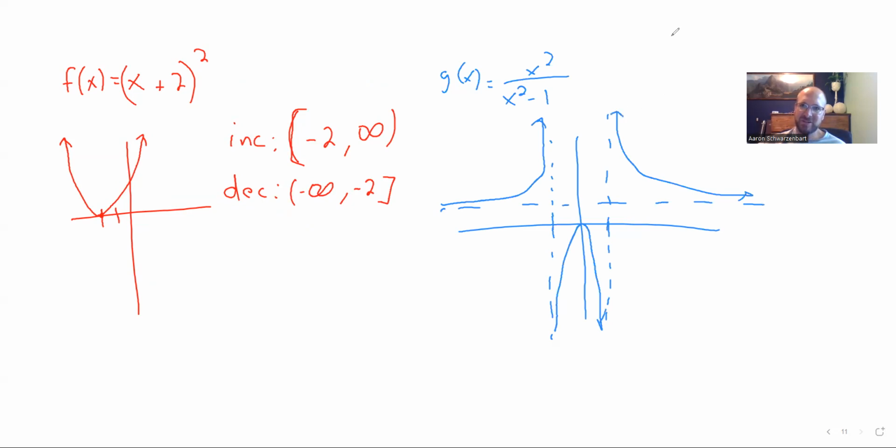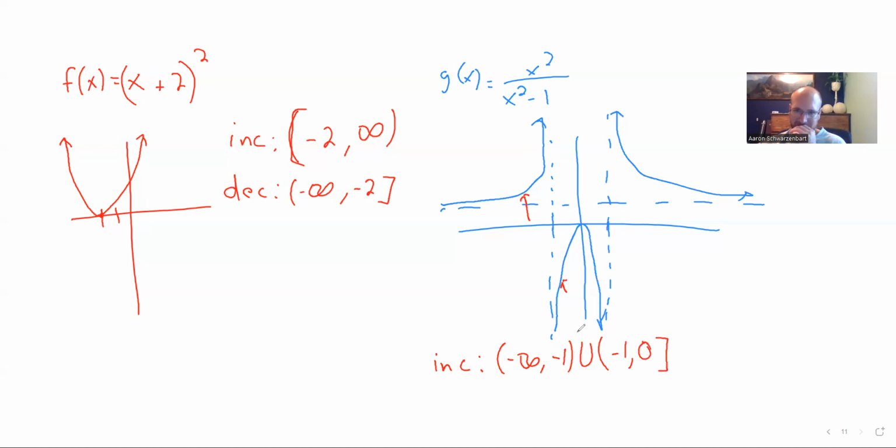So looking at where it is increasing, put some there and here. So it looks like all the way to 0. The problem is I've got this asymptote at -1 because -1 squared minus 1 is 0. I'm going to go -infinity to -1 union -1 to 0, and I'm going through 0.